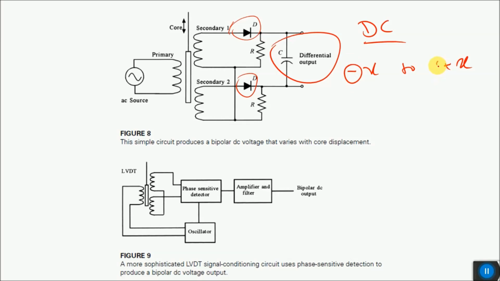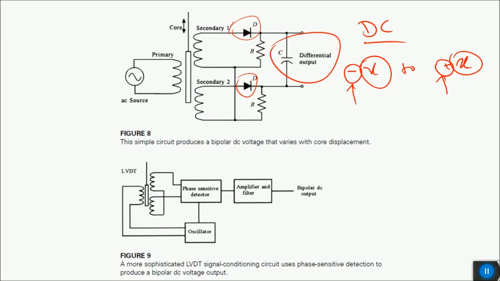The sign of that DC voltage will determine in which direction your core was moving, and the magnitude X will determine how much your core was displaced in that direction. So the requirement of phase detection in the case of an AC signal can be eliminated if we simply rectify our output signal using two simple diodes.